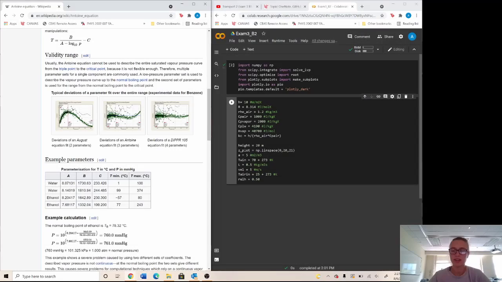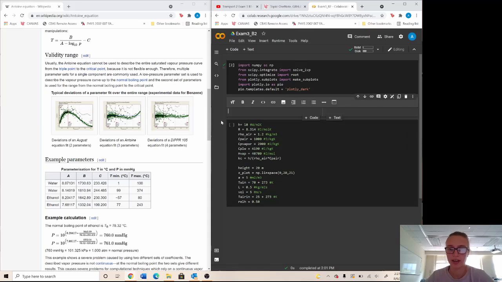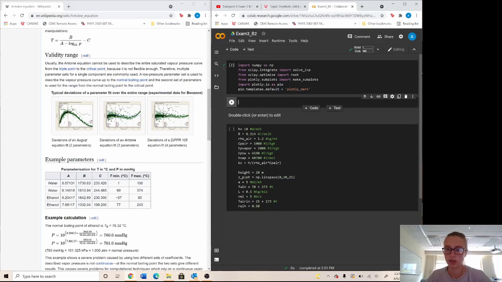Okay. We now need to determine the vapor pressure of the water at any given temperature. So in order to do this, we're going to do the Antoine equation.